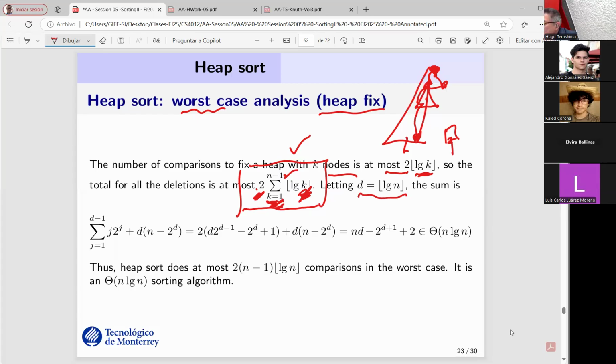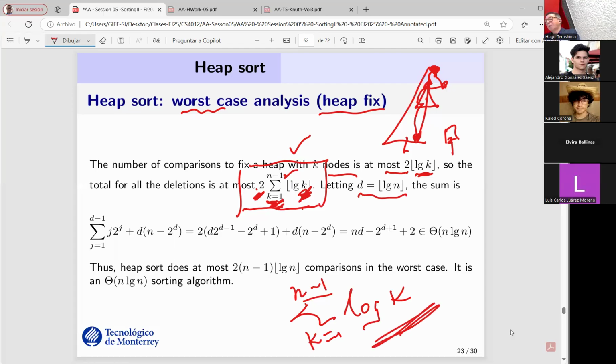D is what? The depth, right? Of a heap with n elements. So the sum, I do more or less the same, what is the sum of log of k, k equal to 1 to n minus 1?